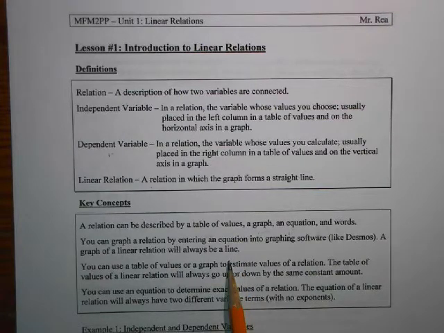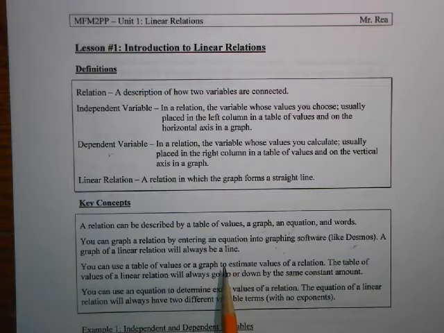Okay, so we'll be looking at all sorts of different ways of doing that, how the different forms are related to each other. Okay, so if you were to graph the relation, we've already talked about that. And all of you should be working with the Desmos application. You can type in the equation and you will get the graph. So you can use a graphing application or software to see, well, what does that equation look like if I graphed it?